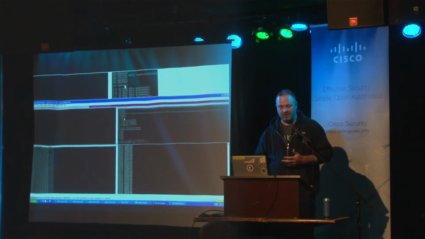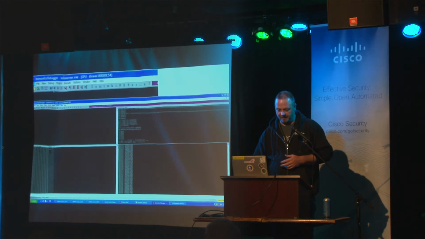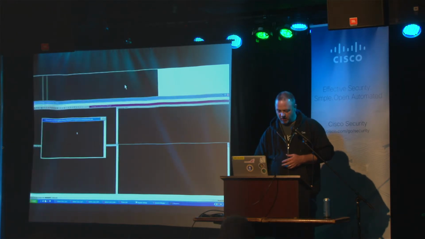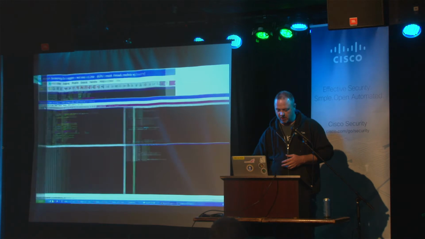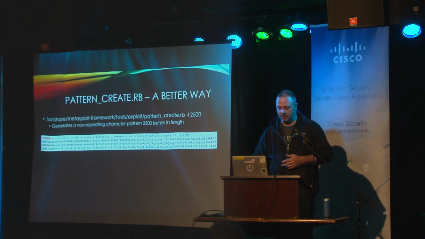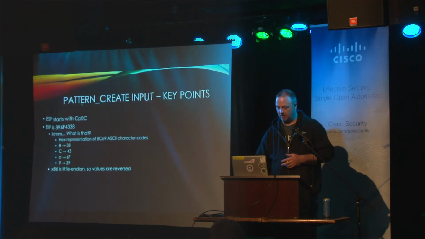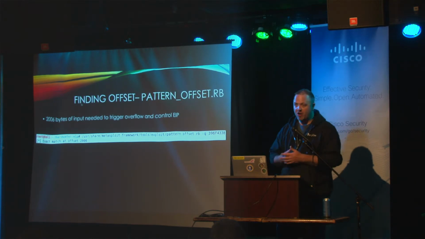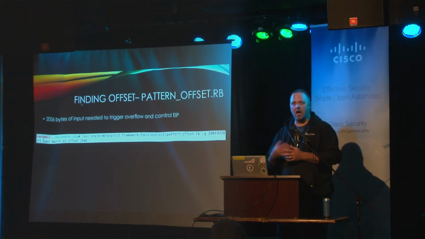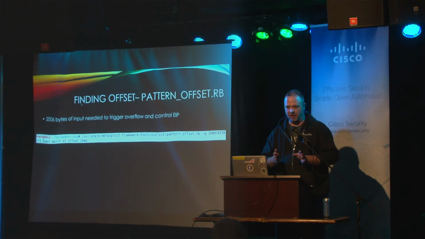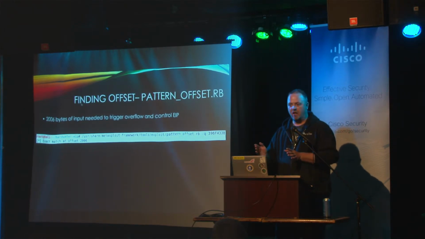So we make note of that 396F4338. We write that down, and we're going to go back and use a utility called pattern offset. Pattern offset is the complement to pattern create. Because pattern create creates the same string every time, and the only thing that changes is the length that you tell it, pattern offset can tell you exactly how far into that string, how many characters it took to get to that point.